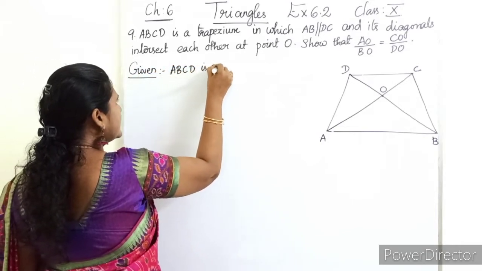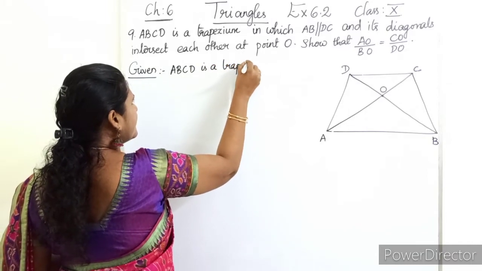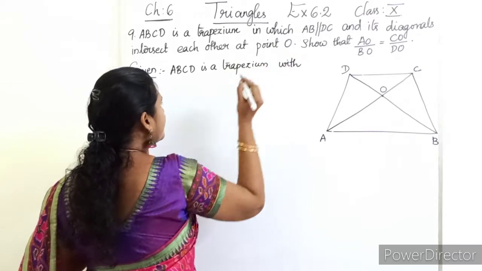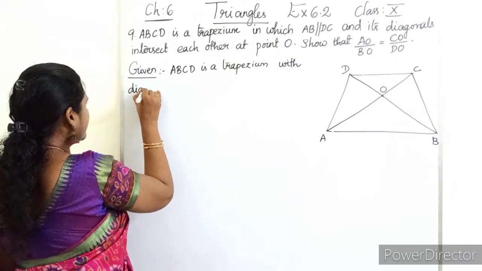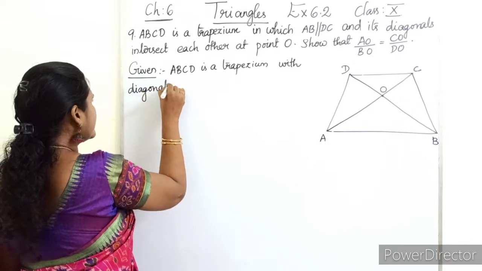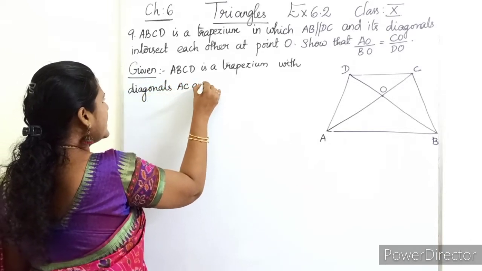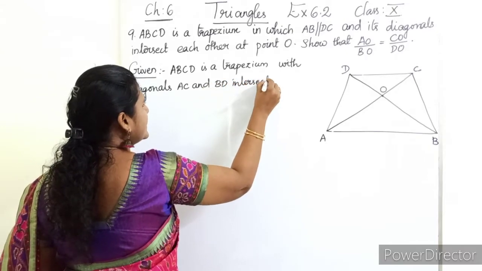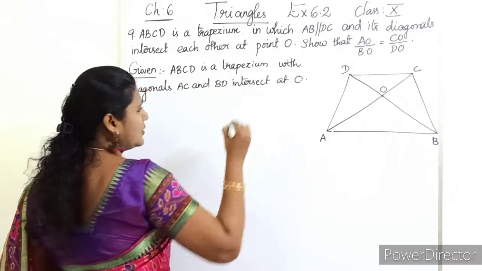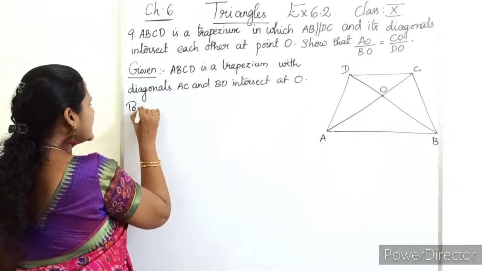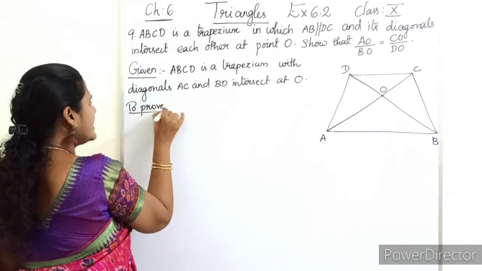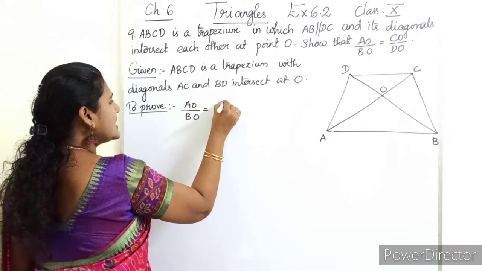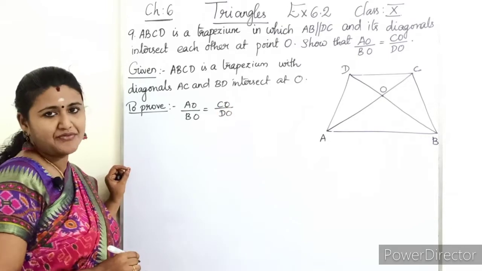ABCD is a trapezium with diagonals AC and BD intersecting at O. These two diagonals intersect at the point O. Now what we have to prove? AO by BO is equal to CO by DO. This is what we have to prove.